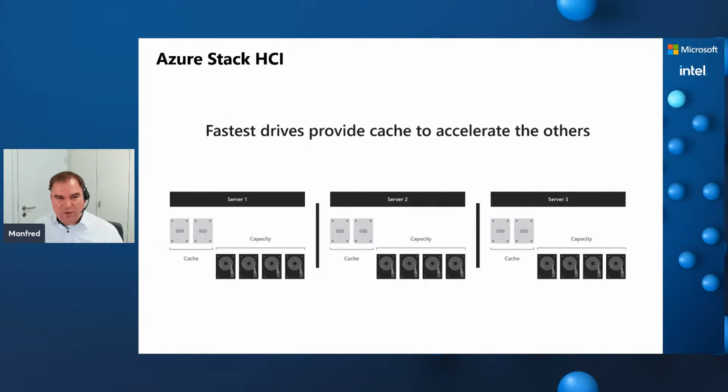In this example, we are running SSDs as cache drives in each node. And important is to have identical disk layout, to have the same number and type of these drives. So we have SSDs in each server, and these SSDs will be used as cache drives in this specific configuration.